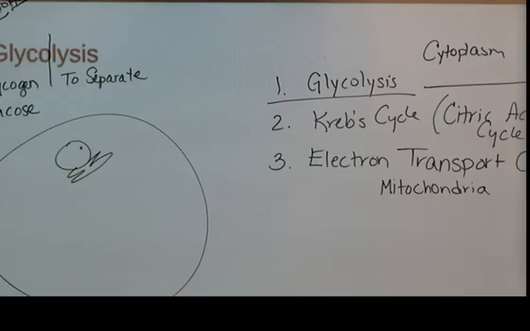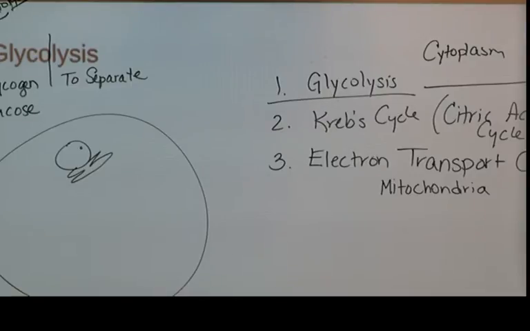Why is the cytoplasm a good place to do glycolysis? Membrane-bound organelles are not necessary. It doesn't need oxygen, but there could be oxygen. Yes, it doesn't have membrane-bound organelles.